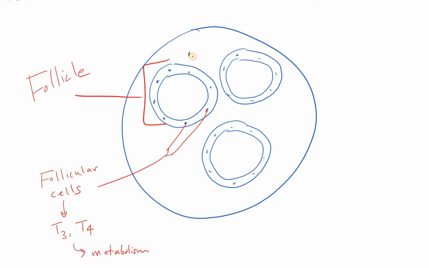We do have the parafollicular cells that surround themselves around the follicle. Okay, so all those would be the parafollicular cells. Okay, and they release calcitonin.